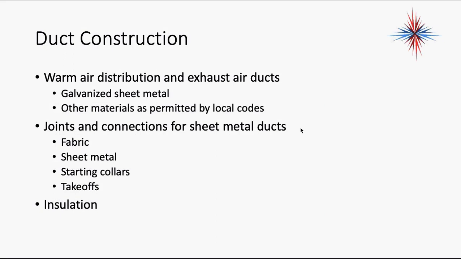Ductwork has to be insulated. If cold air ductwork runs through a conditioned space, and sometimes unconditioned space depending on where it's at, we have to insulate it. According to the International Mechanical Code and International Energy Code, we have to prove that the ductwork has been properly sealed and insulated.